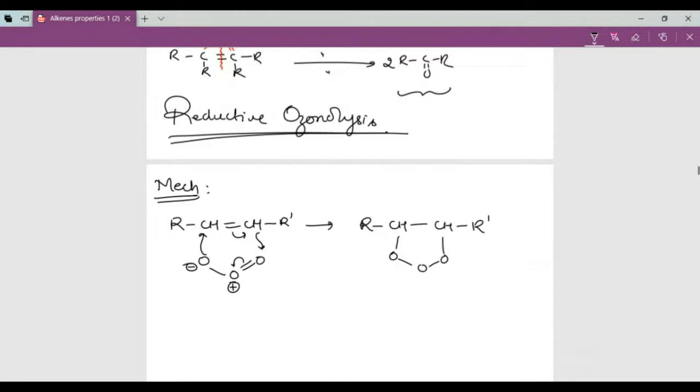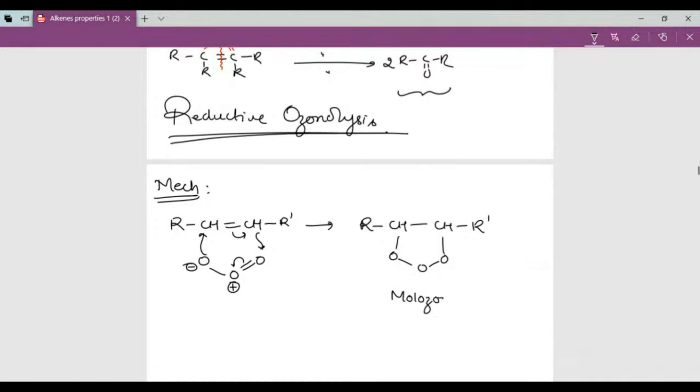As it is a 1,3-dipolar ion, you can add it simply as one pole at one end, other at another, and there is no rearrangement, no change of configuration or anything. It just adds in one go.